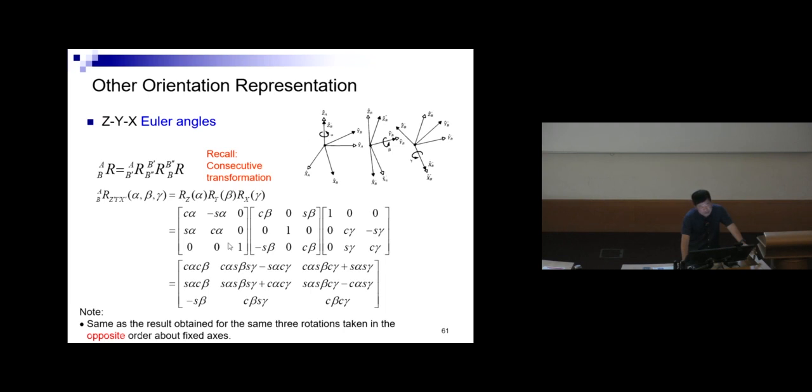So you rotate along the Z, rotate along the Y, and rotate along the X. You multiply them together, and you have this form. If you compare this with the result obtained earlier with the x, y, and z, you can see that the results are the same, but they are done in the opposite direction.